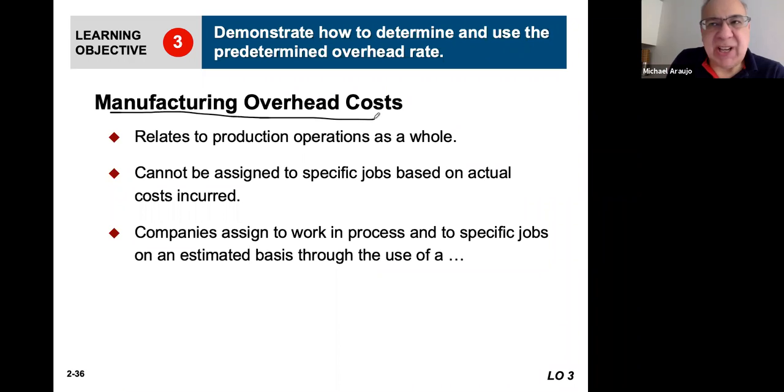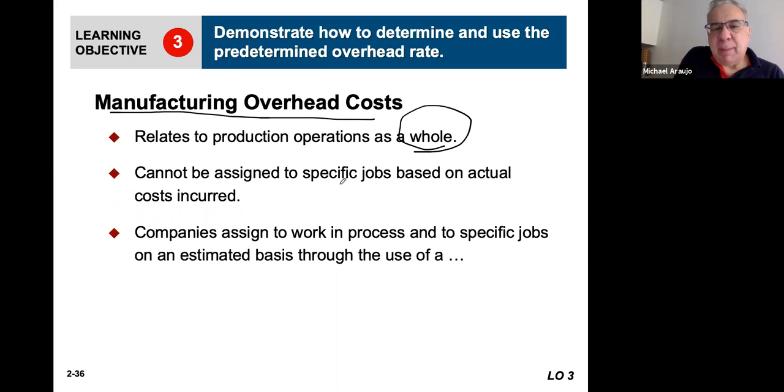You can't assign it per job. We actually need to look at it as a whole, and what I mean is as a whole period. This particular year, this is how much our overhead was to produce what we produced.